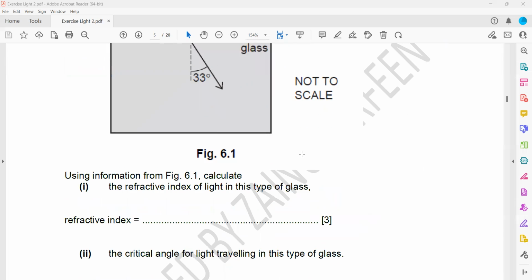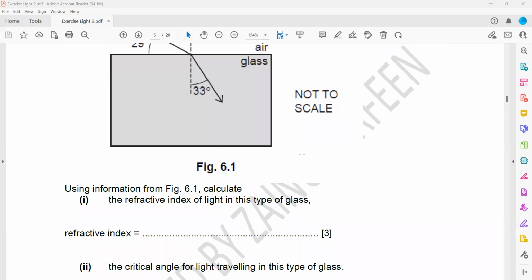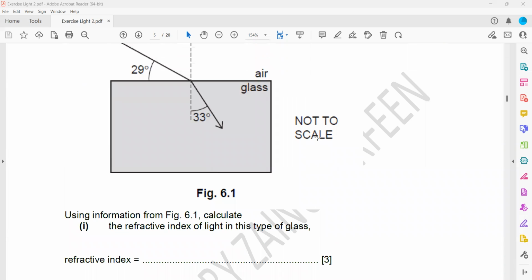Using information from figure 6.1, calculate the refractive index. It's moving from air to glass. What will be the formula for refractive index? It will be sine I over sine R. We put 61 for the angle of incidence, and the angle of refraction is 33, sine 33.